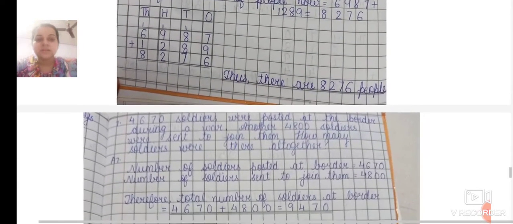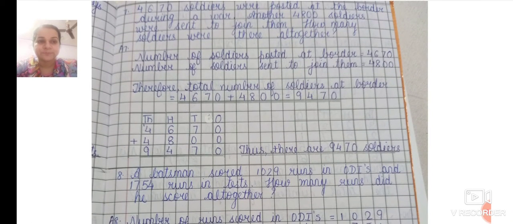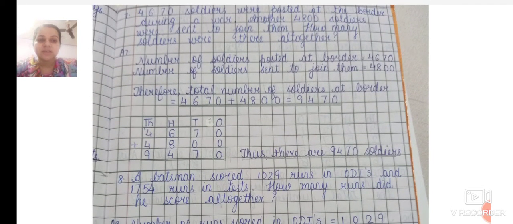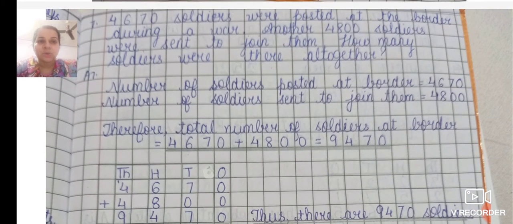Now we will move on to sum number 7. What is the question in sum number 7? 4,670 soldiers were posted at the border during a war. Another 4,800 soldiers were sent to join them.